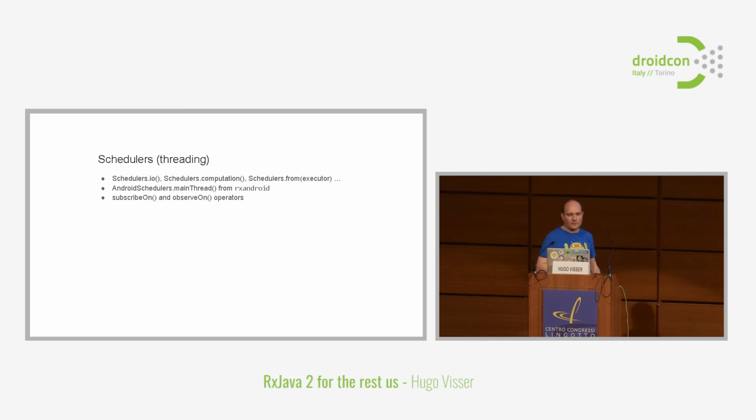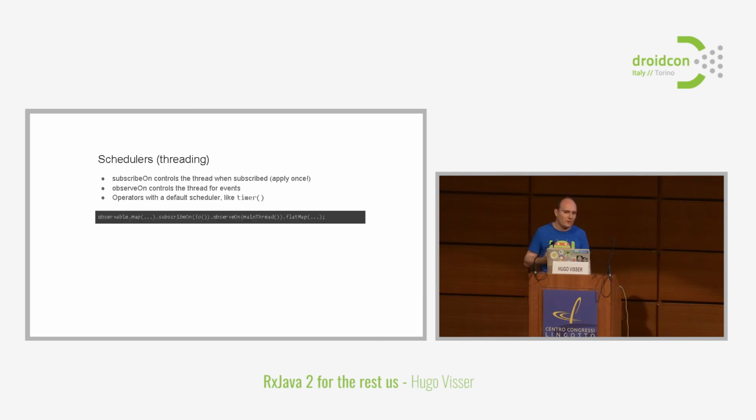And schedulers are basically pools of workers that you can apply to your observable. And there are some built-in ones like schedulers IO, computation, but you can also create your own one from an executor. And then for Android specifically, there's the main thread scheduler, which allows you to usually get the result back on the main thread once you want to process your result.